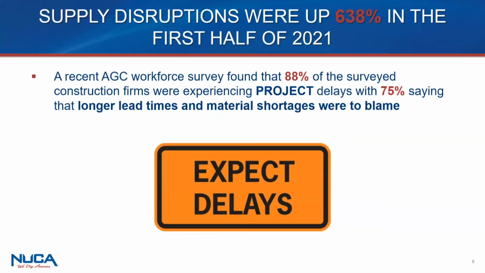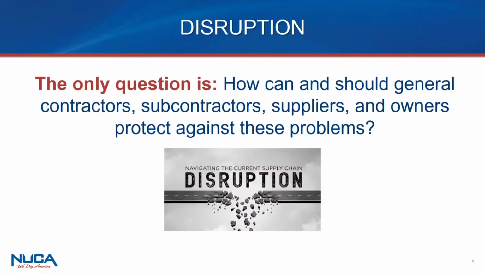Another way to measure it is to note that of AGC members that were surveyed on this, 88% of them said they were experiencing delays on projects, and 75% of that was attributed to material related problems, which is to say longer lead time to get the material. Okay. Next, Shawn.